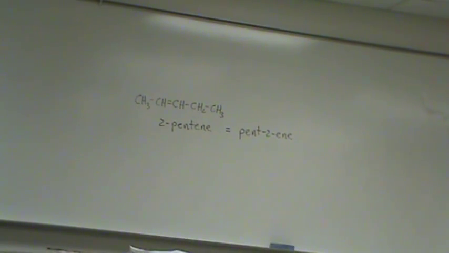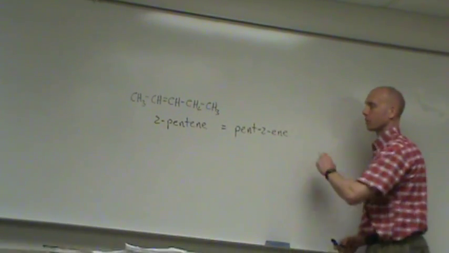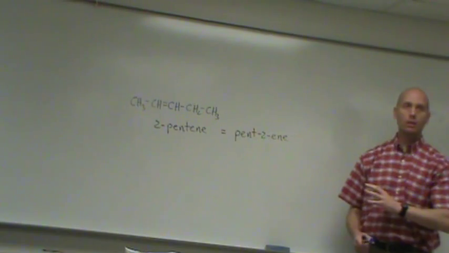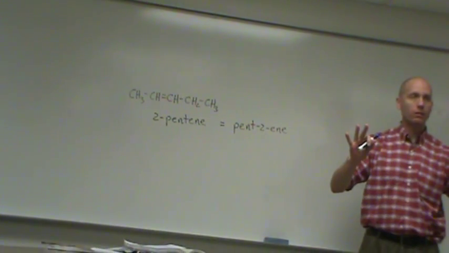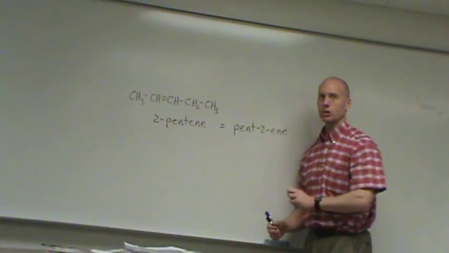So you see what they're doing there? They're saying at the 2 carbon is where the double bond begins. Okay? So you'll see this in your book, but I'm not going to hold you to that. I want you to name it like this.